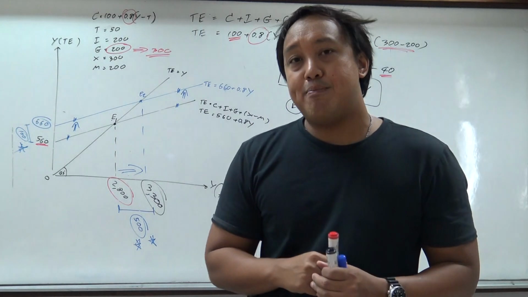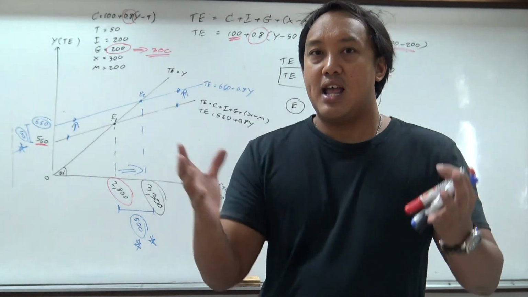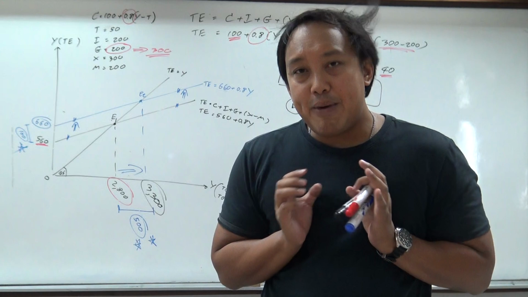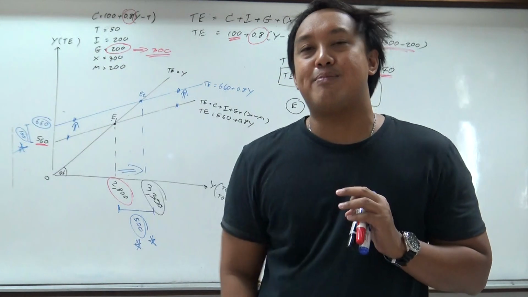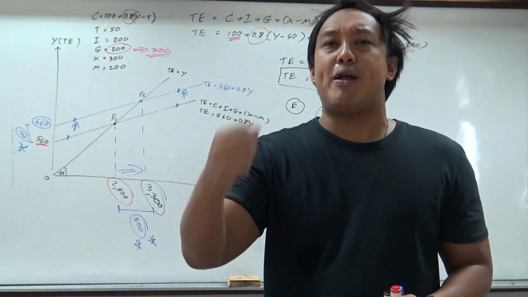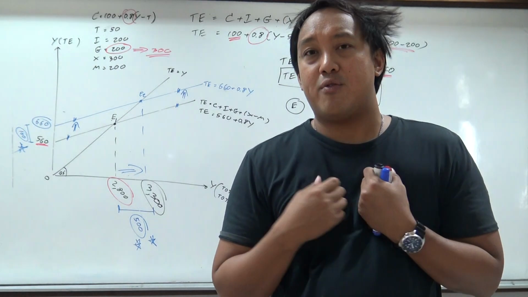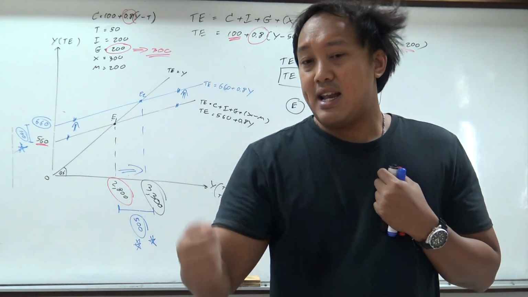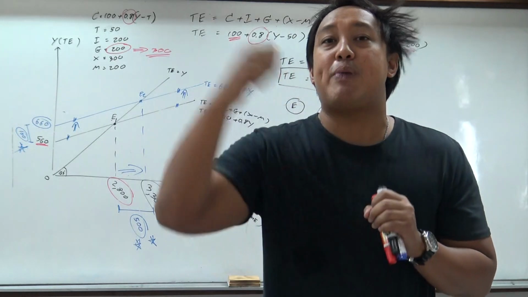MPC of 0.8 means that when the people in your country have 100% more income, they keep only 20% and spend 80%. So when the government decides to spend more to stimulate the economy, for example if I am the government and I spend more money on the people, then when the people get the money from the government, they keep only a small part and spend the rest.